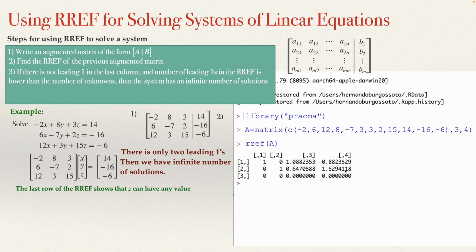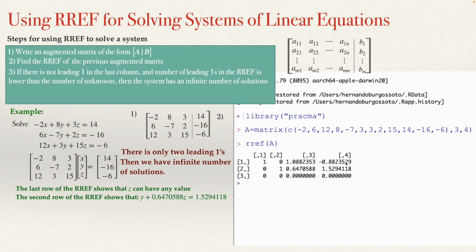You can see the last row with a leading one. This leading one corresponds to y, so y plus 0.64758 z will be equal to 1.5294118. So you can transform this second row into an equation. The second row gives you y plus 0.64758 z equals 1.5294118.